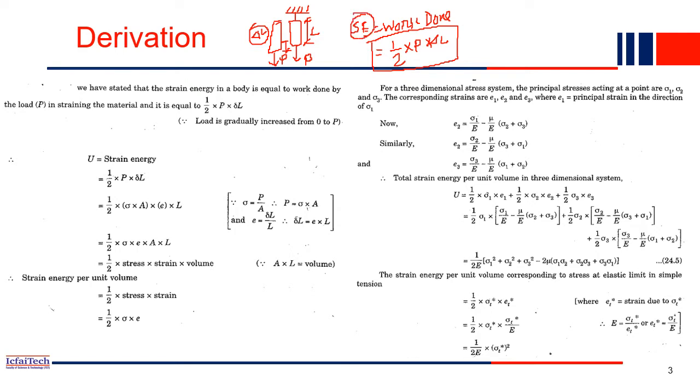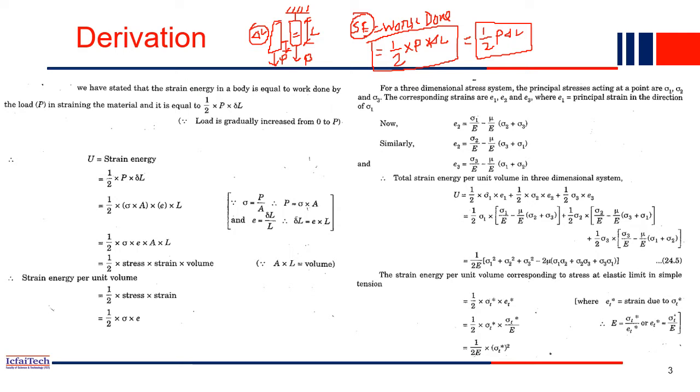So the total work done by the force will be half into P into delta L. That is the total work done, and this work done will be stored inside this material as strain energy.